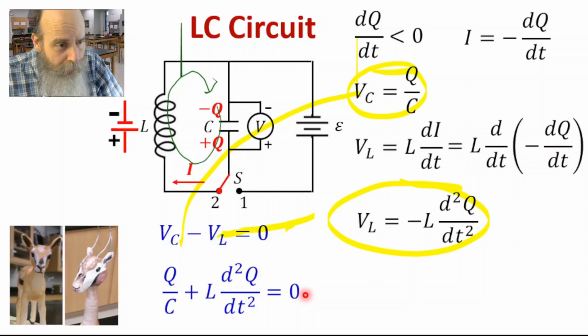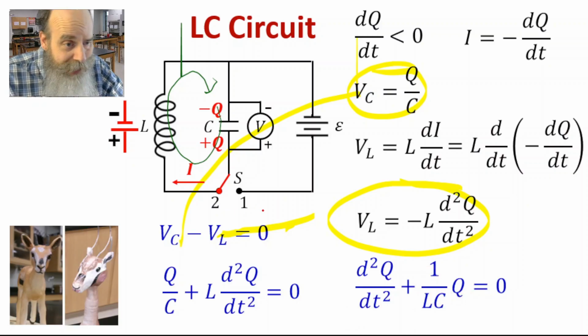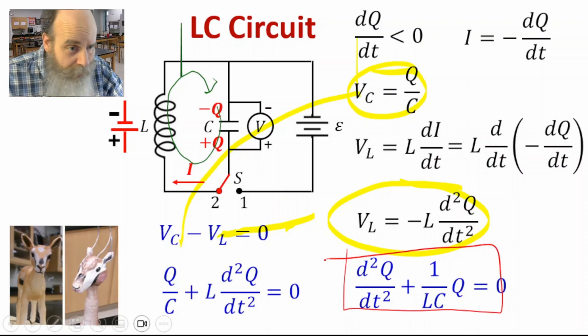Let's divide by L and switch the two terms. This is what we get. d2q/dt squared plus 1 over LC times q equals 0. Have you seen this expression before? I think you have. This is the harmonic oscillator equation.